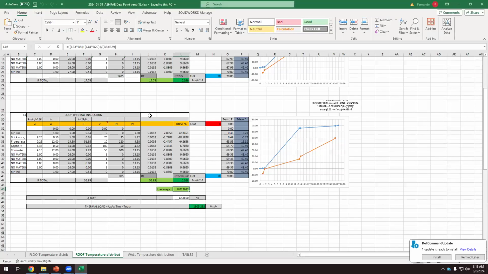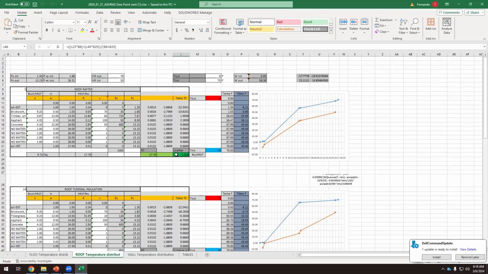That's the Excel file. So why don't we have a condensation risk, for example, here? Because the vapor resistivity of those materials is like this. So this is the exterior.